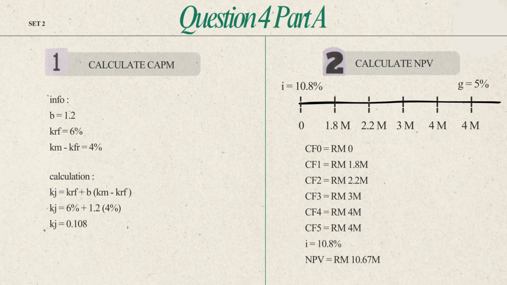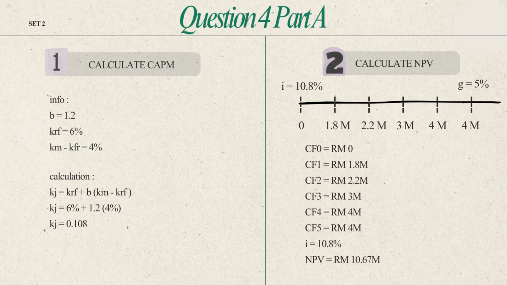So the first step, we need to calculate the CAPM. The info given is beta equals 1.2. The risk-free return is 6%. The market risk premium is 4%. The market risk premium is the market return minus the risk-free return.